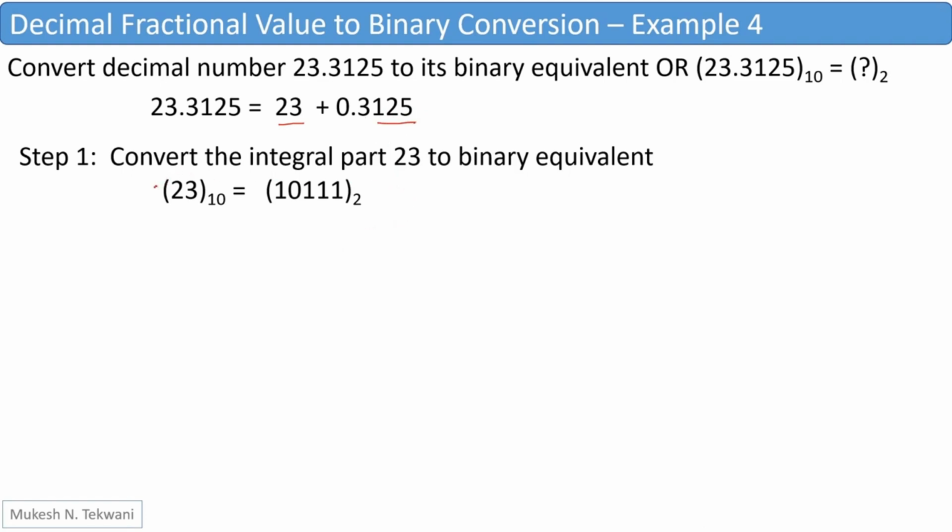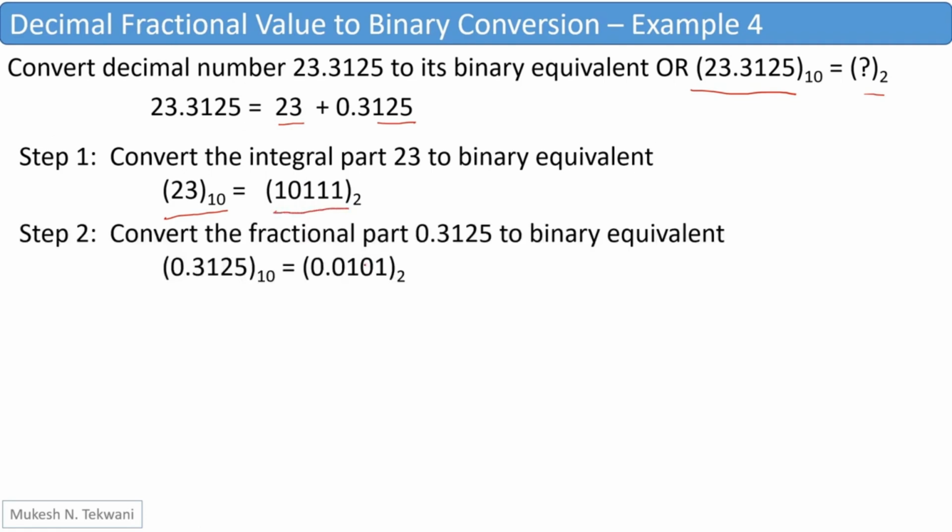So, converting this number 23.3125 into binary will involve two steps. In step 1, we will convert the integral part 23 to its binary equivalent. This we have seen in the earlier case, 23 of decimal we saw in the earlier example is 10111 of binary.